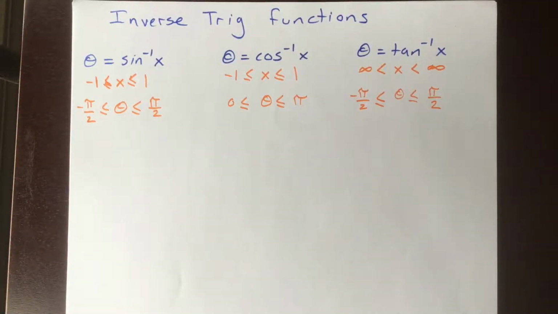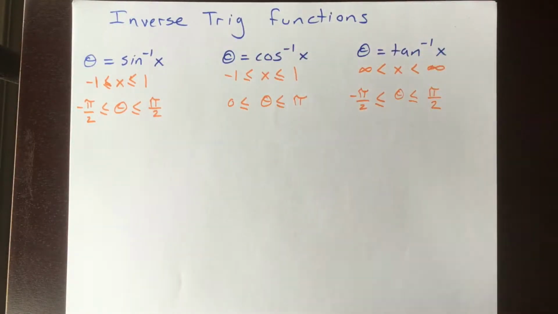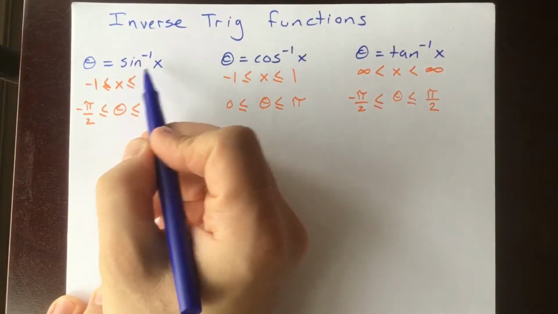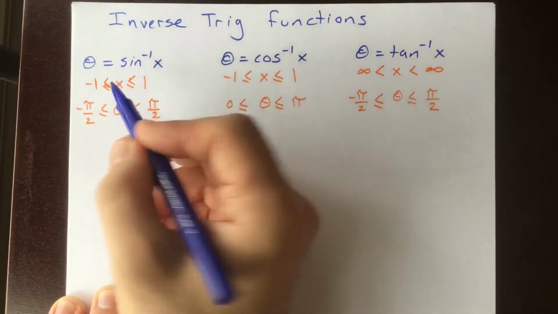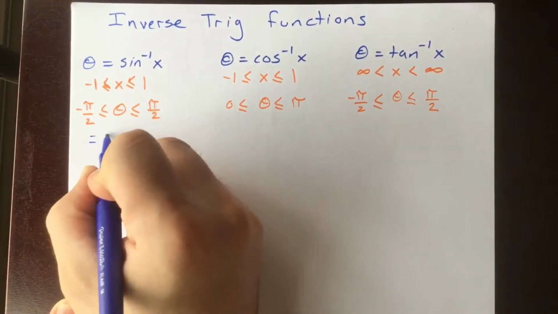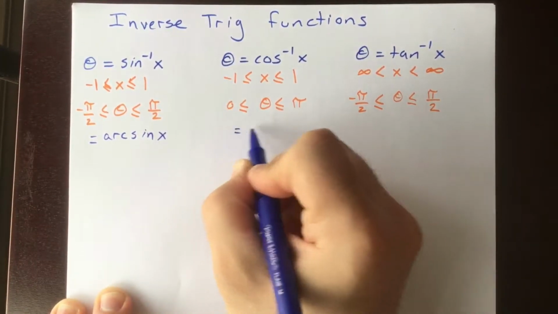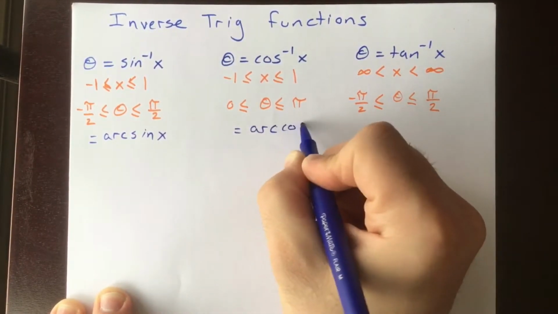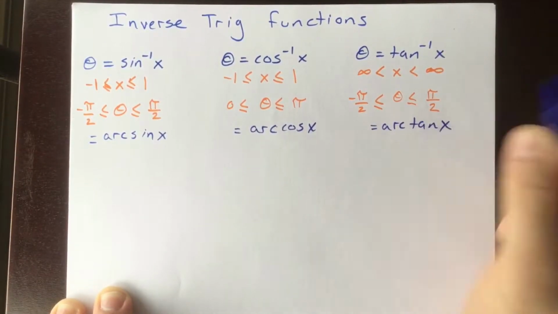Here we are looking at inverse trig functions. We have inverse sine, inverse cosine, and inverse tangent. I want to touch right away on the fact that we could also write and say them as arc sine of x, arc cosine of x, and arc tangent of x.